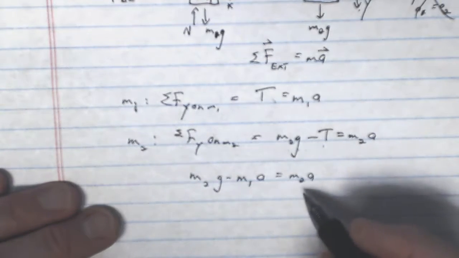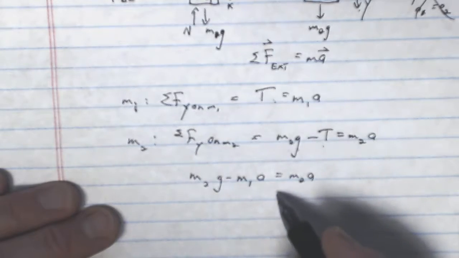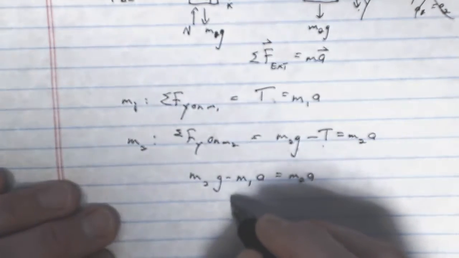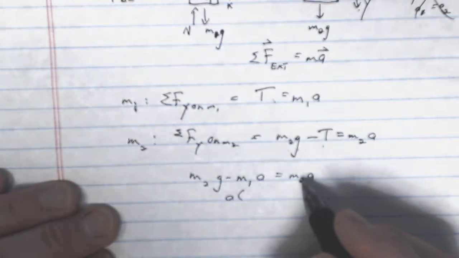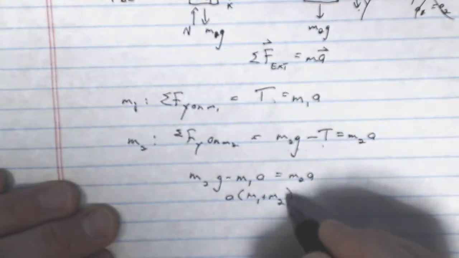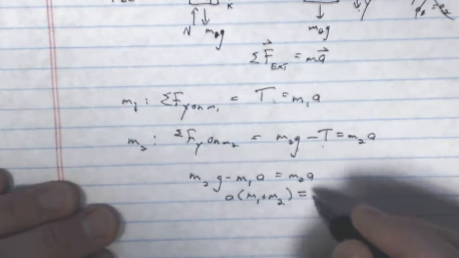Then all I need to do, and what I've done is eliminate t from these equations, so I can solve for a. I need to get a on the same side of this to do that. So let me write a times (m2 plus m1), or m1 plus m2. Now that's moving this term to that side, but then I'm shifting it back to this because I want to. That's just algebra.